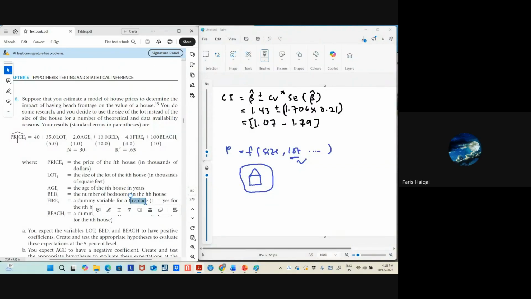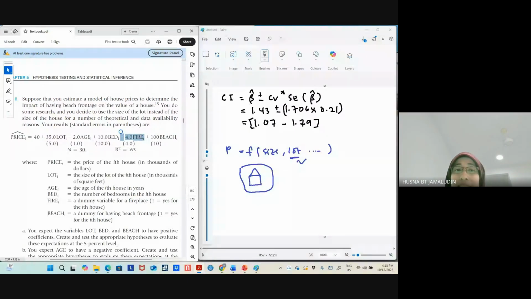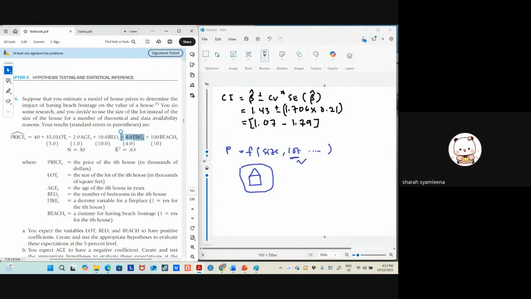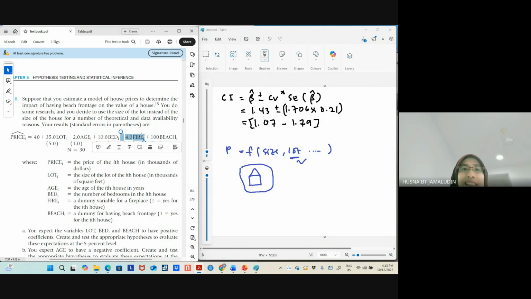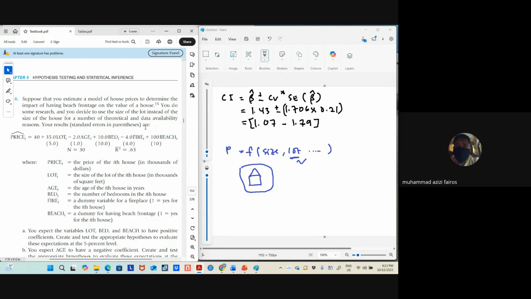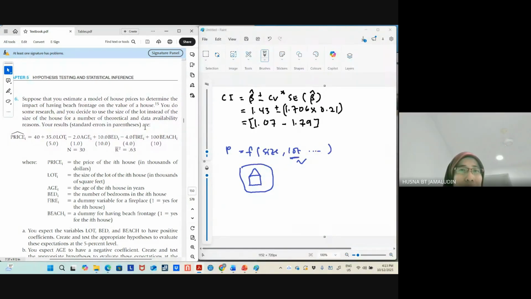No. So you expect fire will have a positive impact. Or else you will be frozen inside the house. Beach is that your house is in front of the beach. Of course, those who are living near the beach, the price will skyrocket. So beach will be positive.